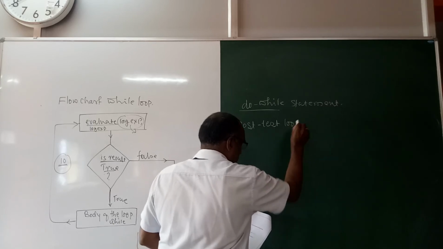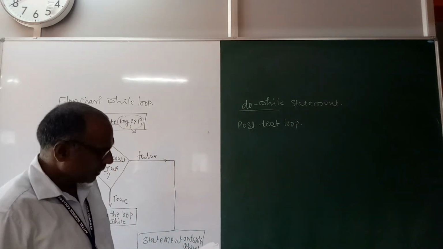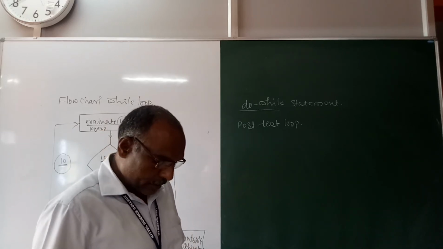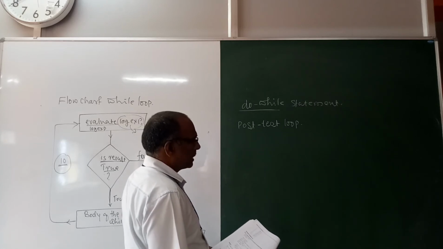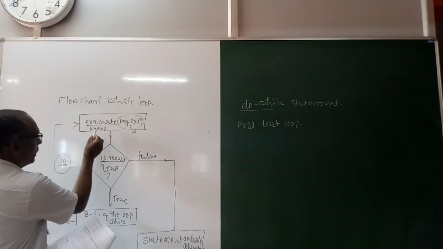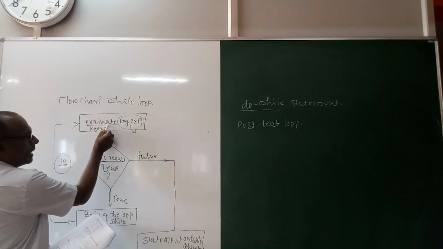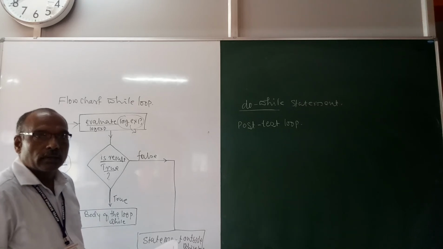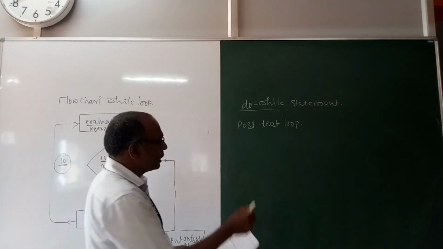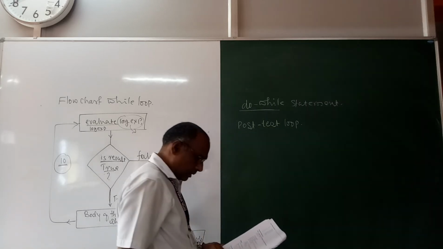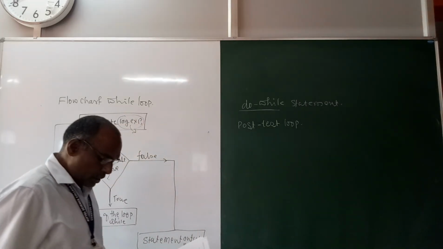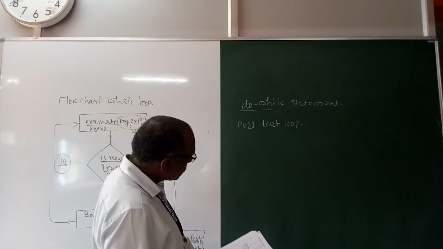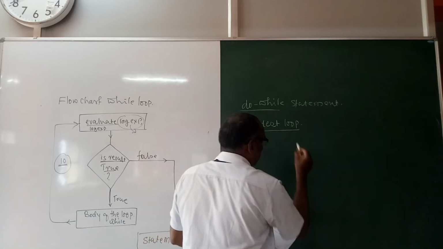We will see what is meant by post test loop, because the test for repetition is met at the end of each pass. Look, in the earlier flowchart, the logical expression is at the beginning, that is an entry control statement. Here it is a post test loop, because the test for repetition is met at the end of each pass.